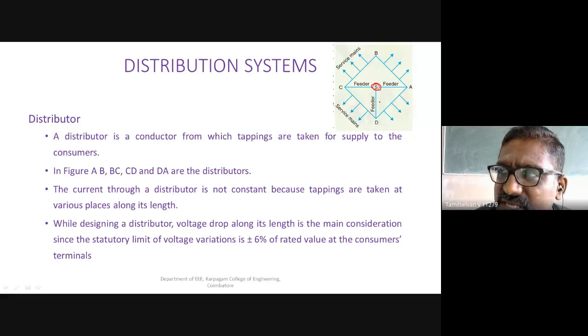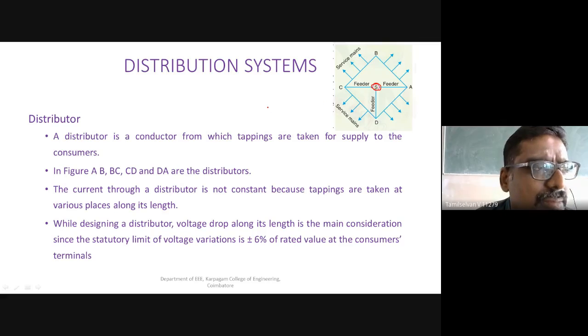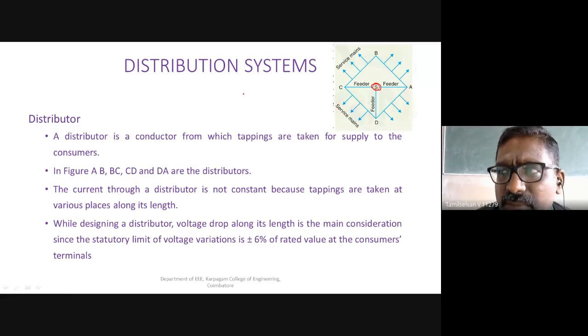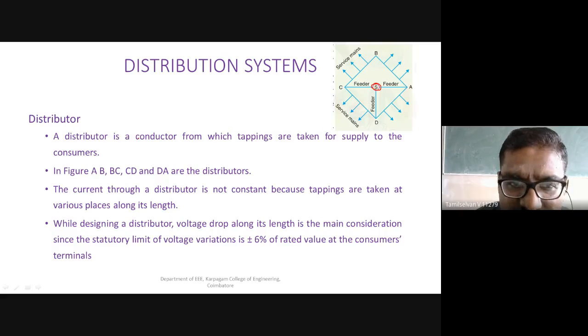Suppose you are living in your area, near your home or maybe in the next city, you can identify one transformer. That transformer is called the distributor with respect to that area. The distributor is the conductor from which tappings are taken for supplying to the consumer.